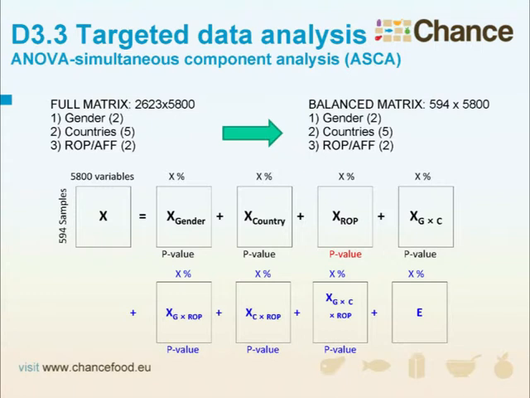But of course, we can take out a subset of our data set and make it balanced. If we do so, we end up having 594 samples, and then we can apply this ASCA model, which is able to partition the variance of our NMR spectra into a gender-specific data set, a country-specific data set, an ROP-specific data set, and also the interactions between them. Unfortunately, it doesn't seem to be significant, but nevertheless I will show you, it's just below significant.